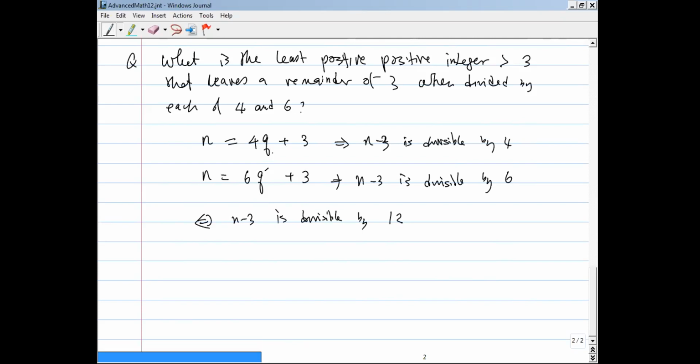So n minus 3 should be equal to a multiple of 12. Let's call it 12m. But you're looking for the least positive integer with this property. So that integer will be 12m plus 3. The smallest number n should be equal to 12 plus 3, which is 15. Okay, this is what we get.